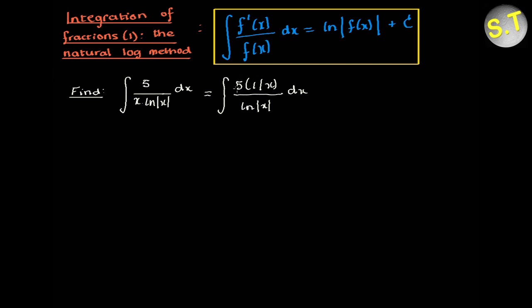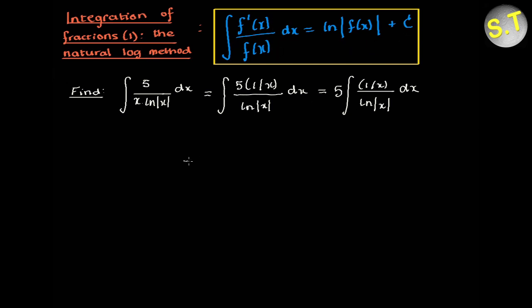And since we have a 5 in the front, which is a constant, we can just pull that out. So that's the same thing as 5 times, and now we can directly apply our natural log method.